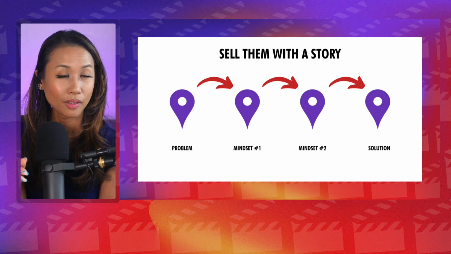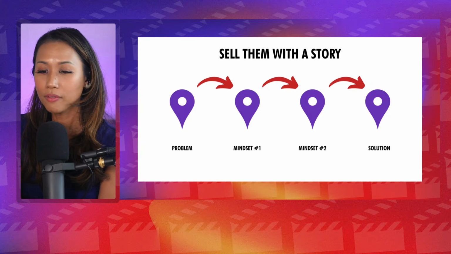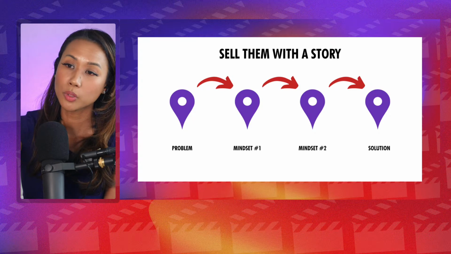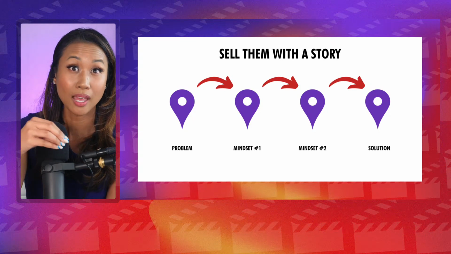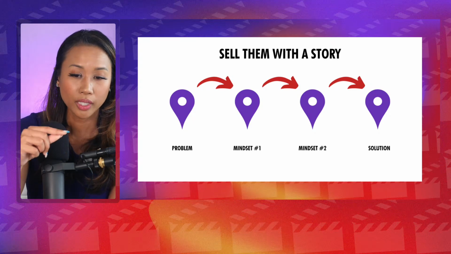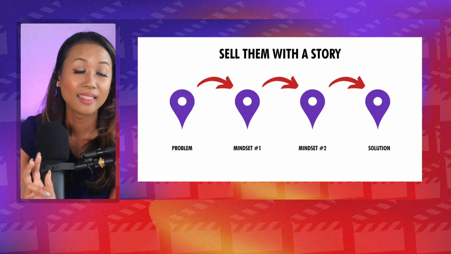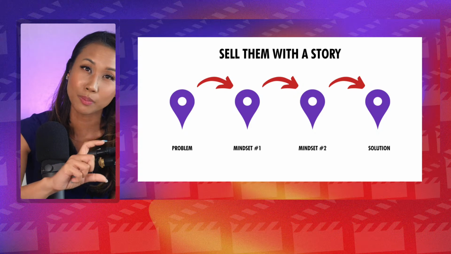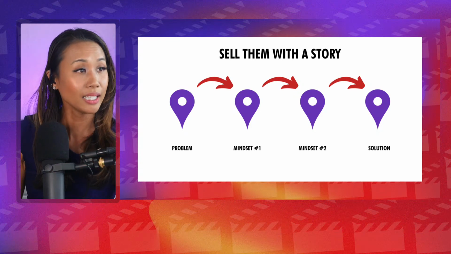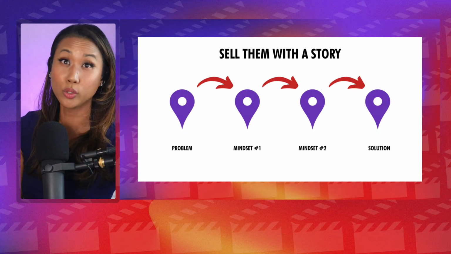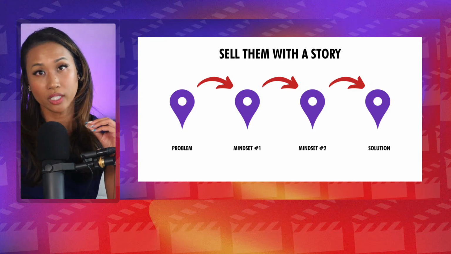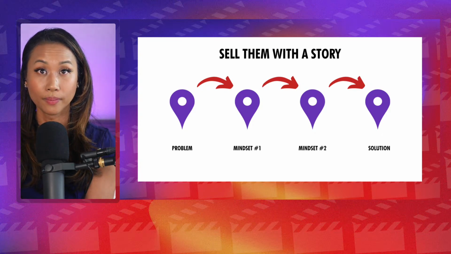Does that make sense? So you get them from the negative mindset and you're moving them towards another mindset. And so that other mindset can be curiosity, motivation, clarity, focus. And once they go that, then the next step, what's that next mindset that they need to have to finally get to the end game, the solution? That's how your stories should be structured.